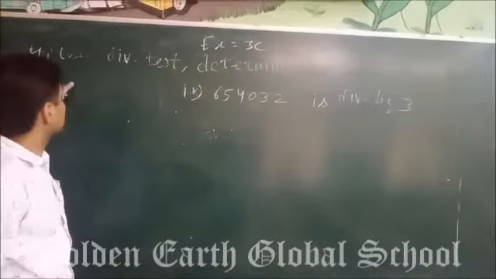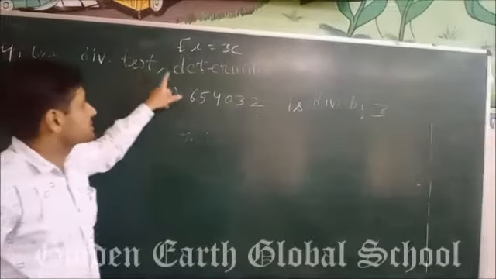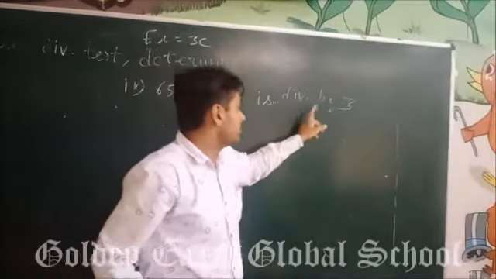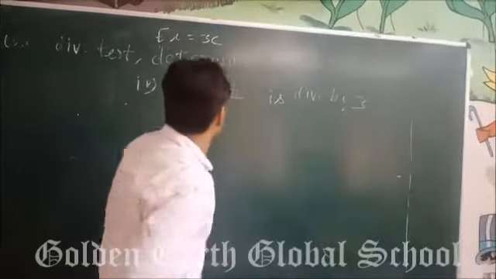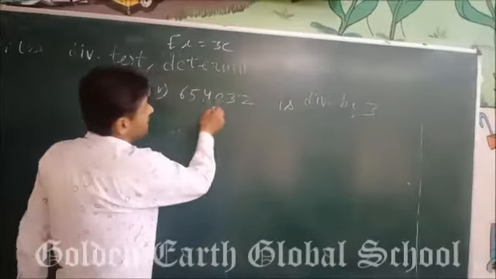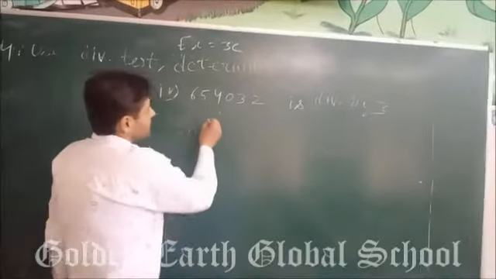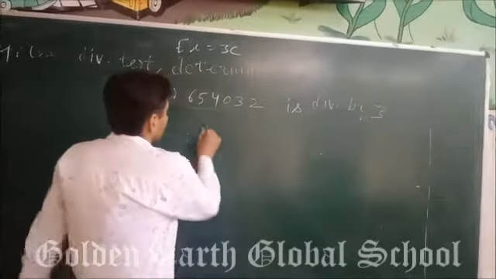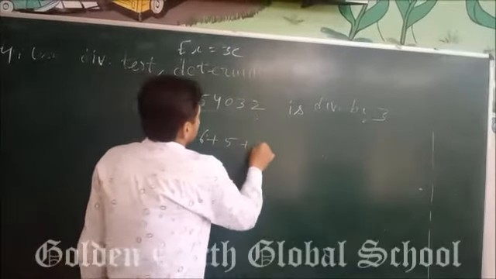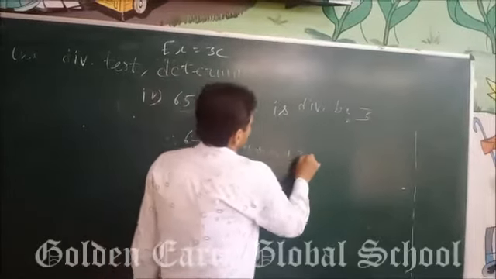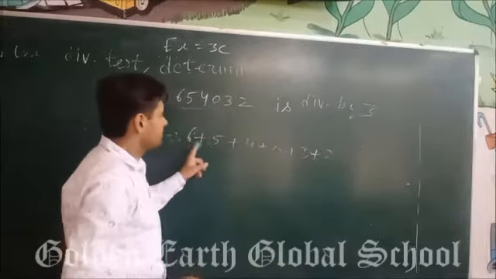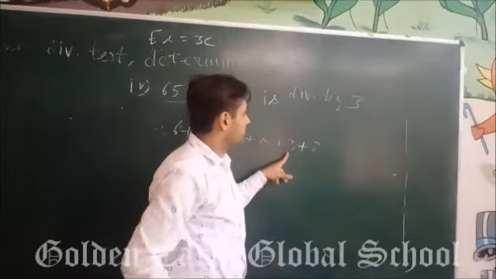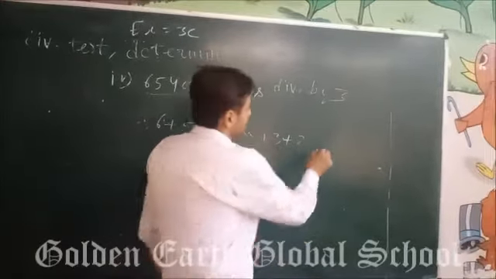Look at the fourth question. Use divisibility test to determine whether 654032 is divisible by 3. Look carefully, what is the divisibility rule of 3? You add these digits: 6, 5, 4, 0, 3, 2. 6 plus 5 is 11, plus 4 is 15, plus 3 is 18, plus 2 is 20.